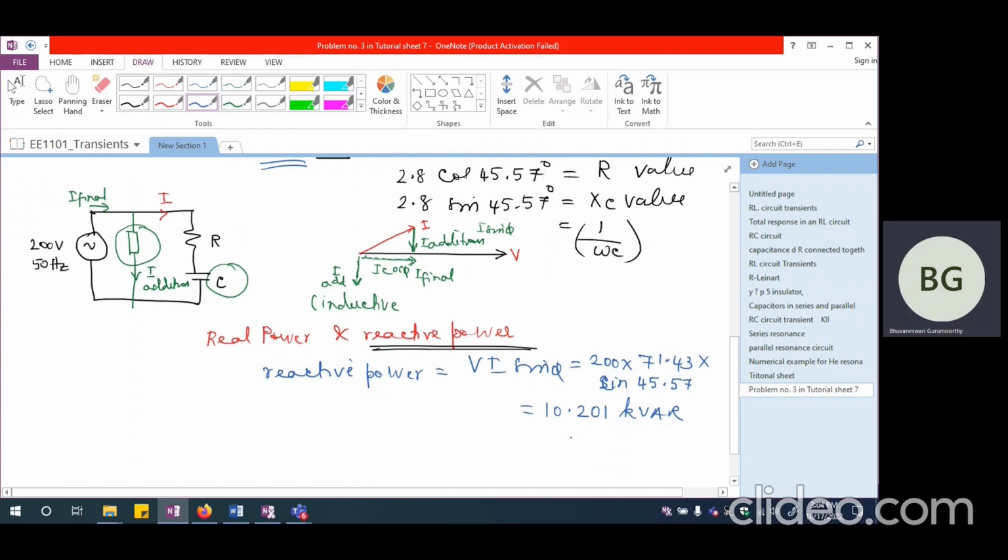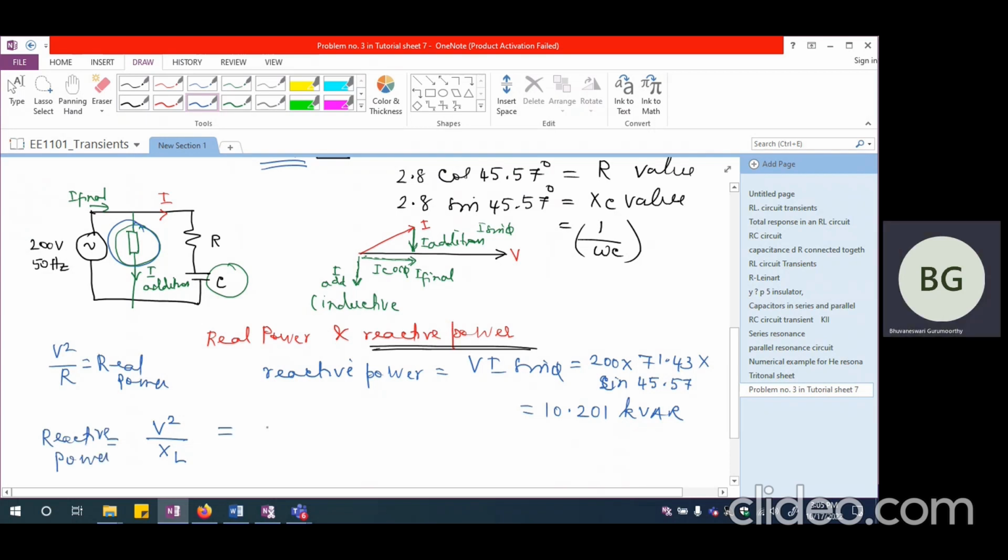Now this 10.201 kVAR has to be cancelled out by this reactance. So we can call this V square divided by XL, which is very similar to V square by R being real power. Similarly, V square by XL will be the reactive power consumed by an inductance.